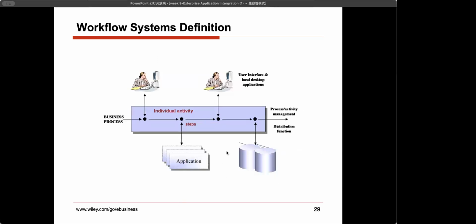So here is the organization. We can see different applications here, and here is the individual activity, and here is the database. So we can use first the person before he puts all the data in the application. This is the other one. After the user interface, local desktop applications have been installed for them.